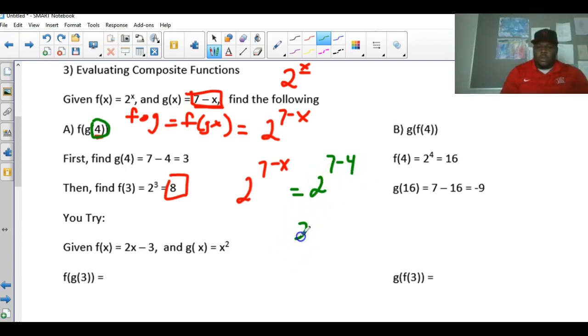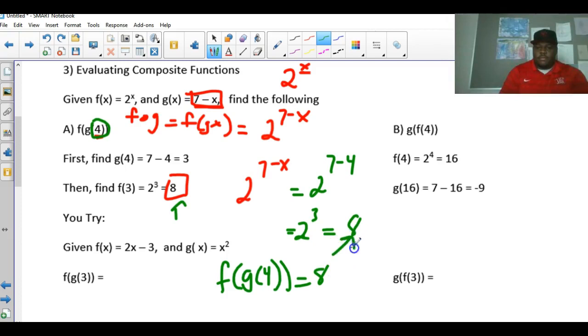What's 7 minus 4? 3. So I have 2 cubed. What's 2 cubed? 8. That's my final answer. So again, f of g of 4 is 8. That's how I got to my final answer, guys.